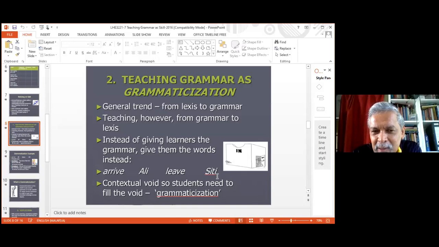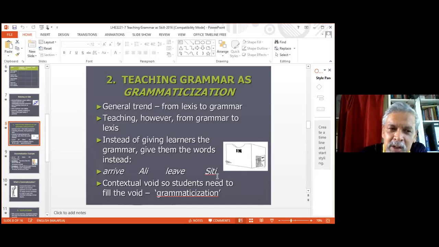You can put in a conjunction, or a time word. When Ali arrived, city left. And so on and so forth. You can have many different constructions.